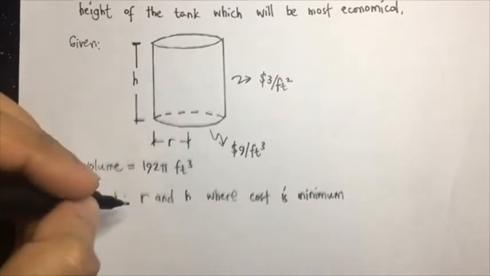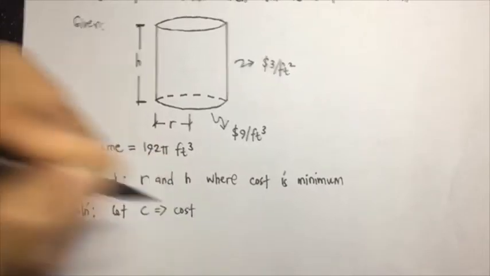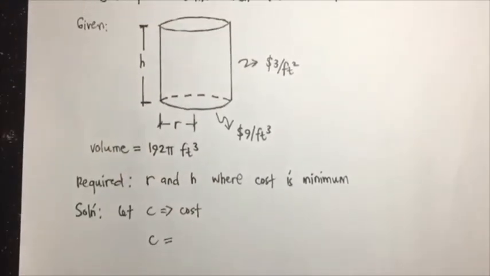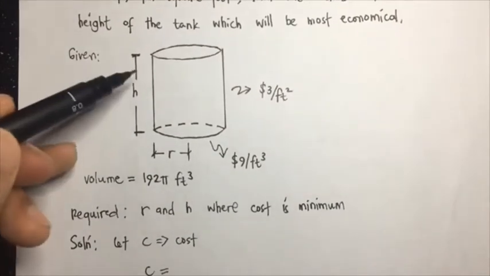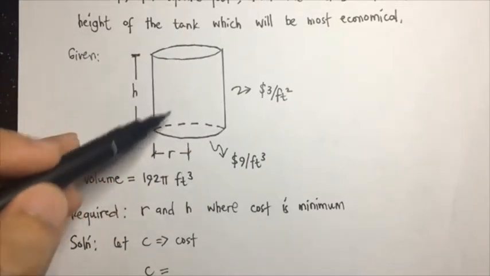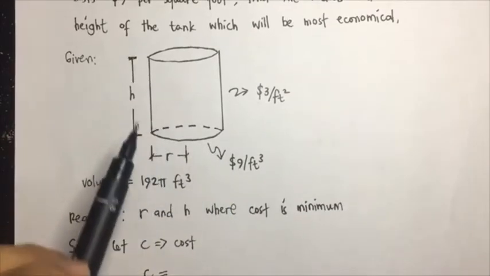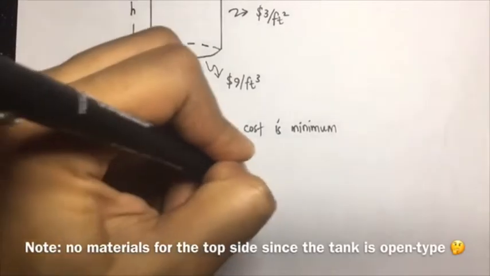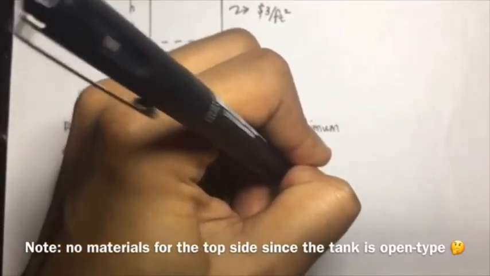If we let C as our cost, our C now will be equal to the total cost of the materials used for the sides plus the total cost of the materials for the bottom. Okay, so cost of sides plus the cost at the bottom.